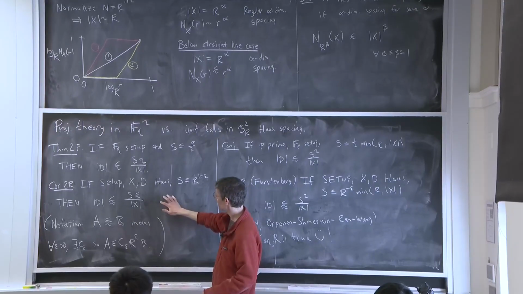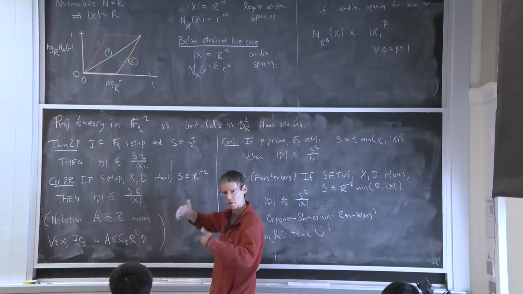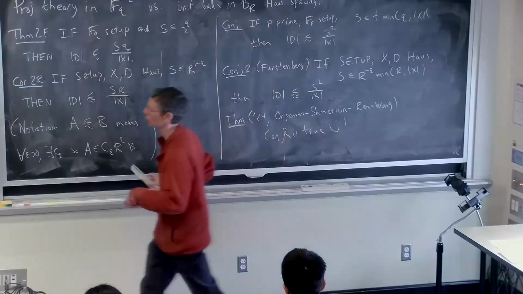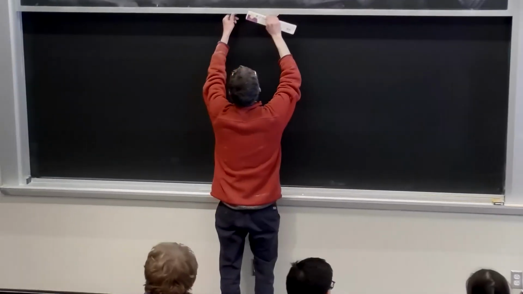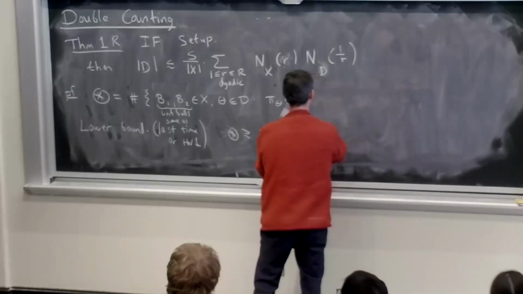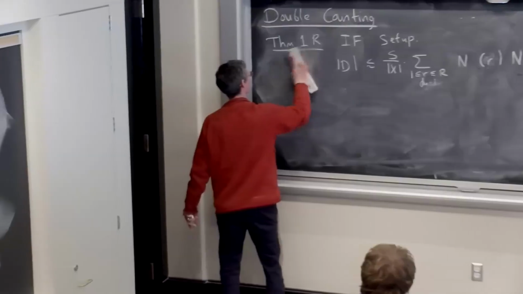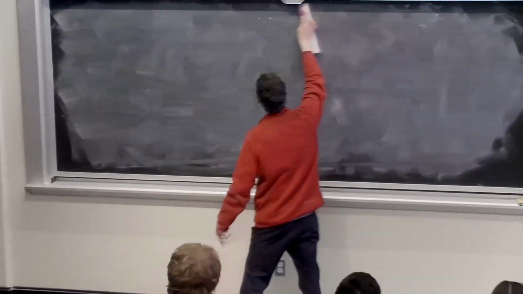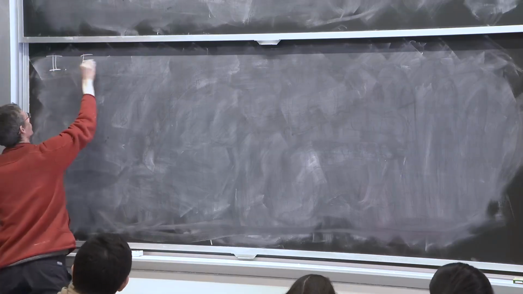Let me remind you first of the main thing we proved using Fourier analysis over finite fields, and then we'll set up a version over the reals. OK, so part 2 of the class, Fourier method.